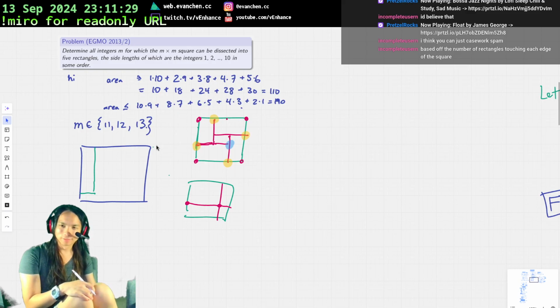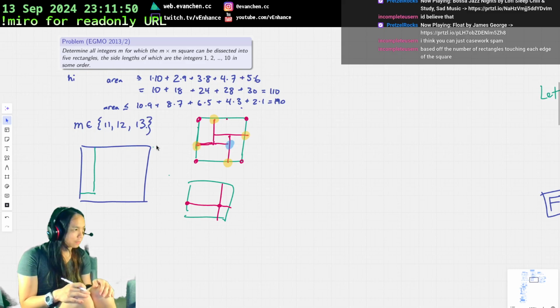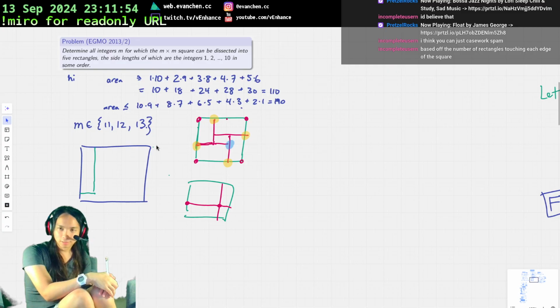Well, I think it's just like for every... yeah, it should have to be a spiral, right? Touching each edge of the square.